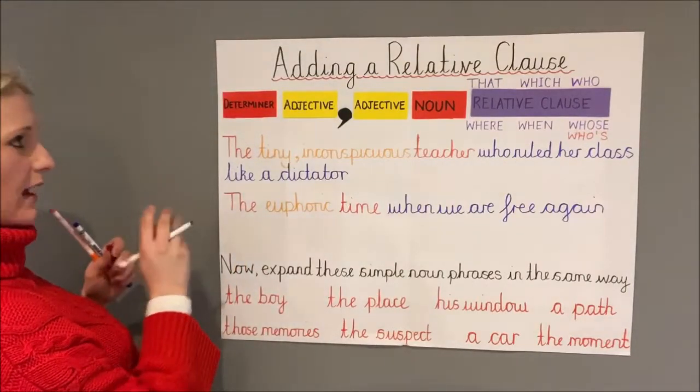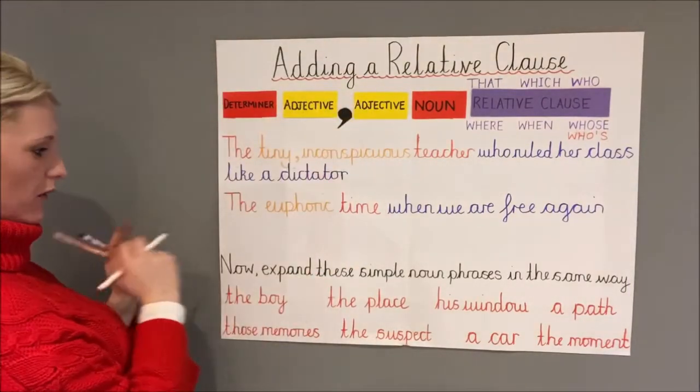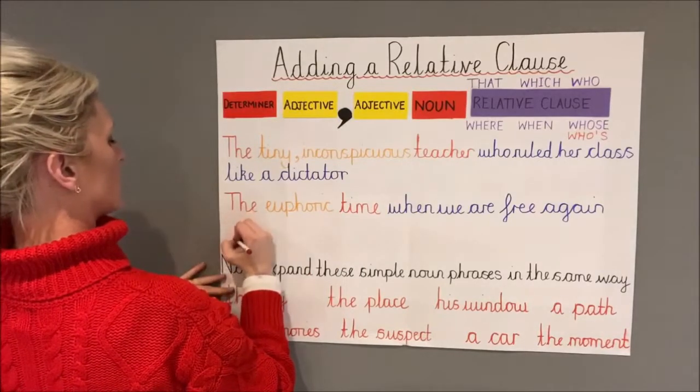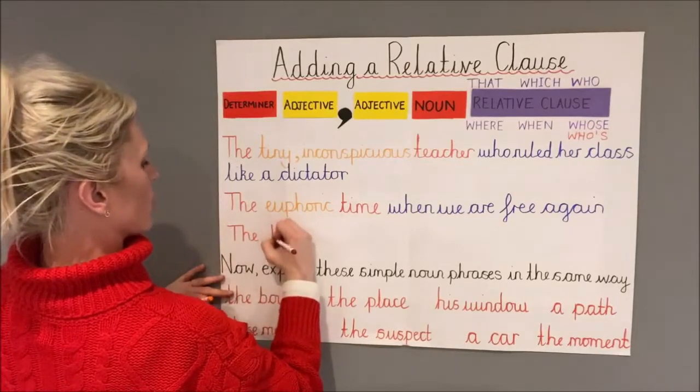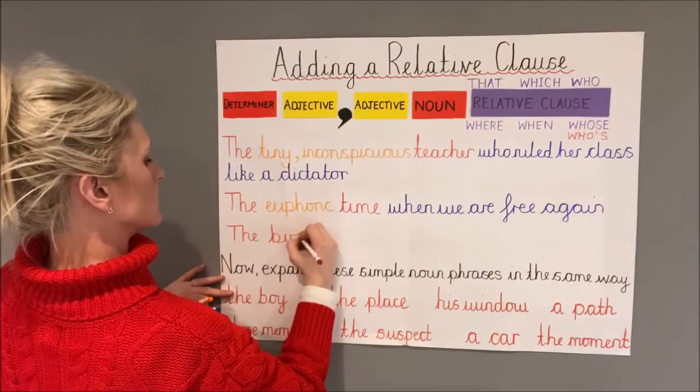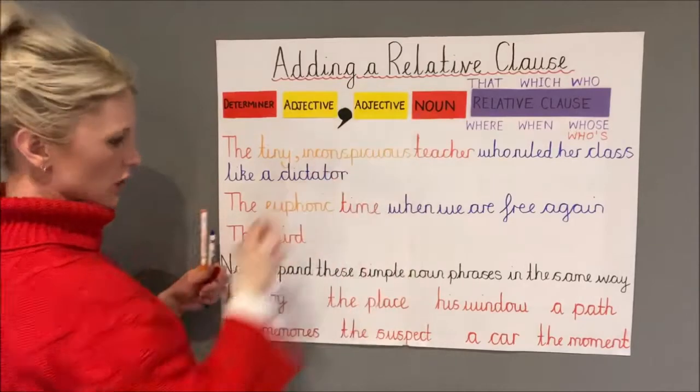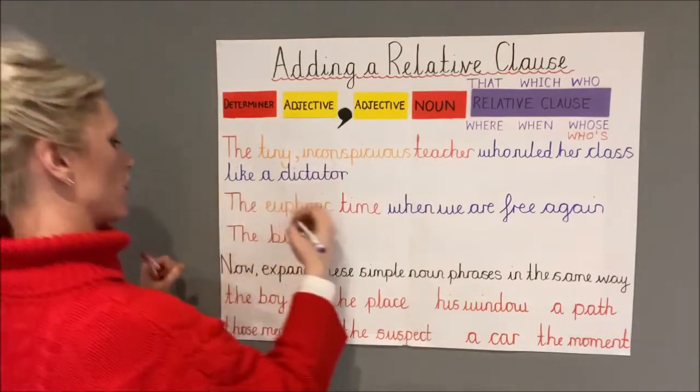So I'm going to get rid of all my adjectives so we can just focus on the main part. So I'm just going to use the noun bird. So I'm going to say the bird. And I've already told you I'm going to use the pronoun whose.